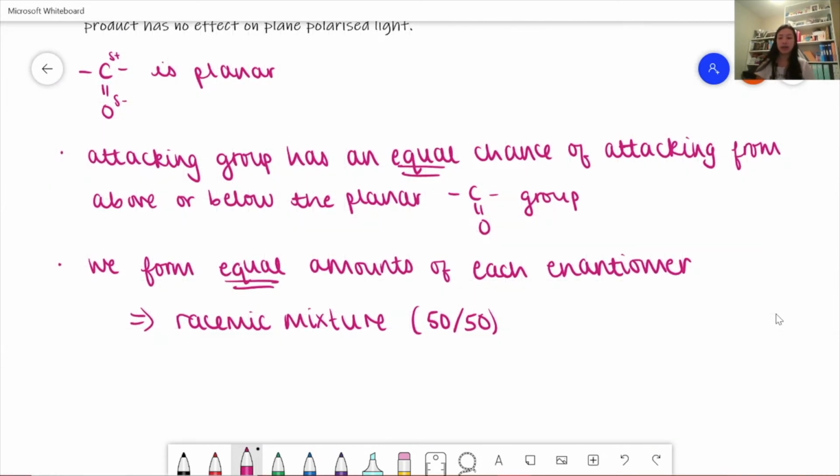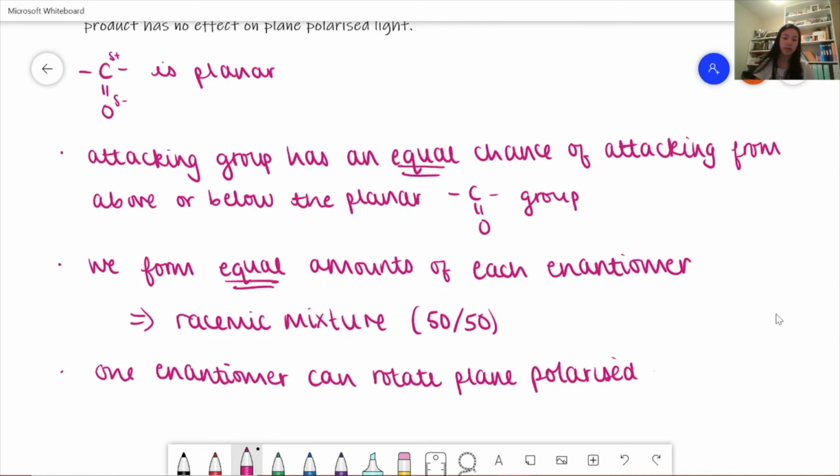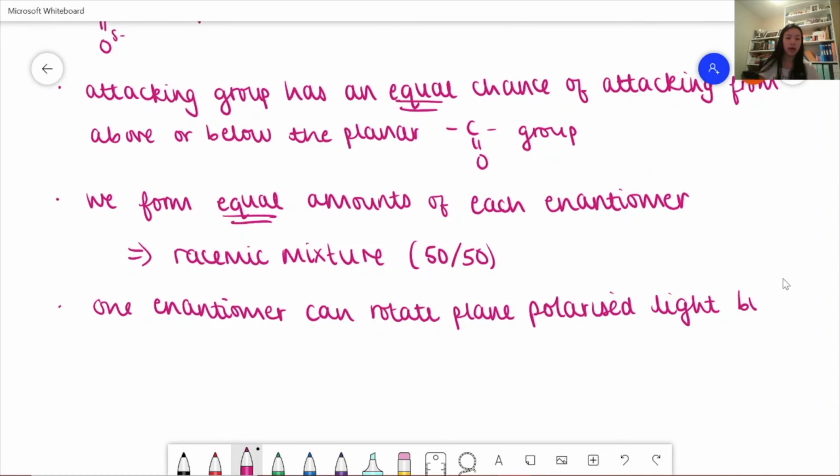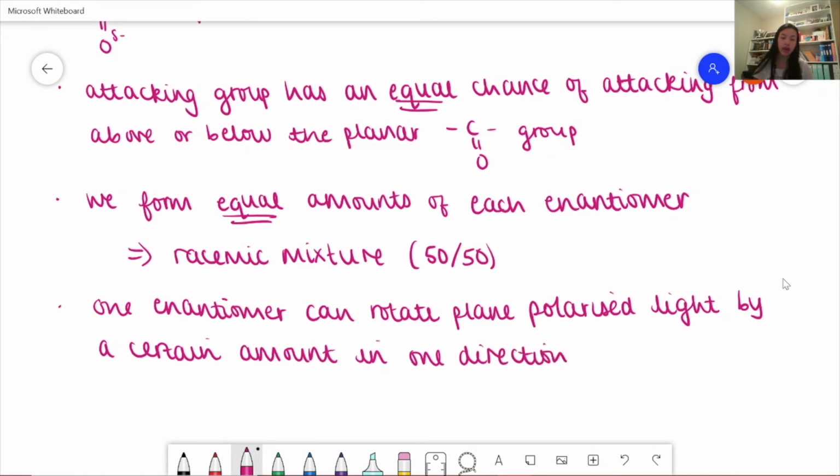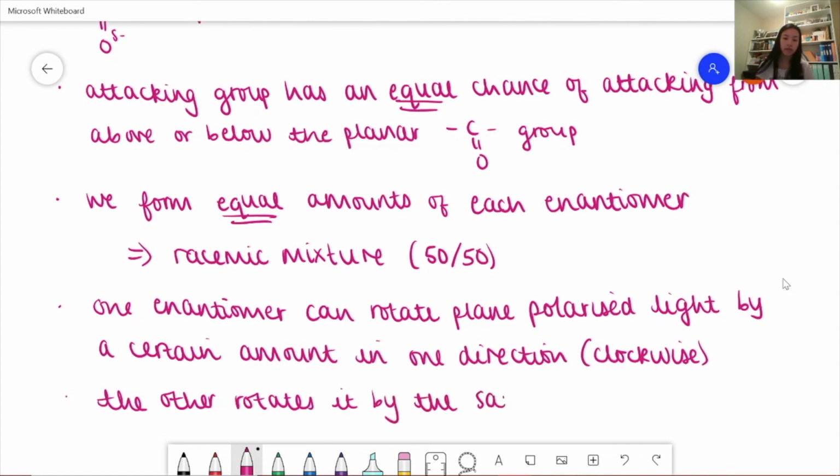And because we know that one enantiomer will rotate light in one direction, so let's say one enantiomer can rotate plane polarized light by a certain amount in one direction. So we're going to say clockwise, whereas the other rotates the plane polarized light by the same amount, but this time anti-clockwise.